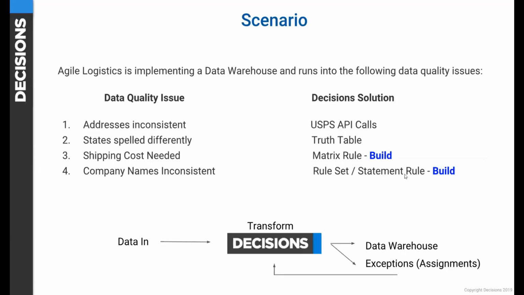So Jessica will walk through the use of a rule set. She'll build some quick statement rules to correct some of these company names, such that in the future, when additional data comes in, you have all of these rules set up to clean these things up, such that the data going into your data warehouse is clean, and we can kick off exceptions or an assignment to a person in the business team to clean that up.